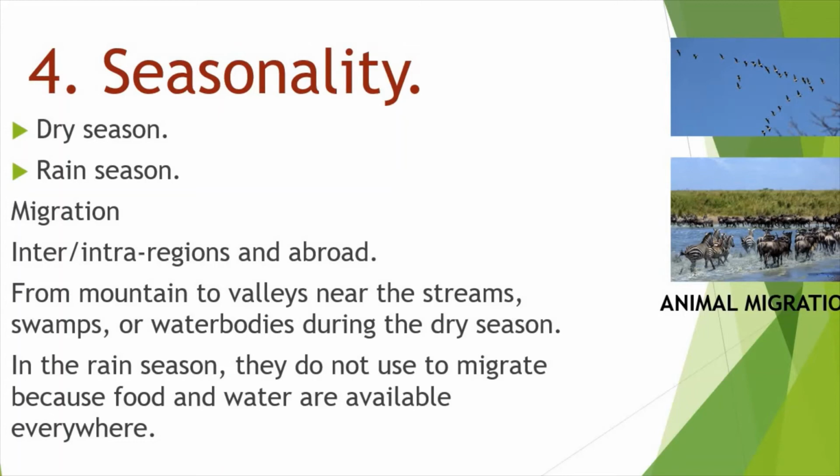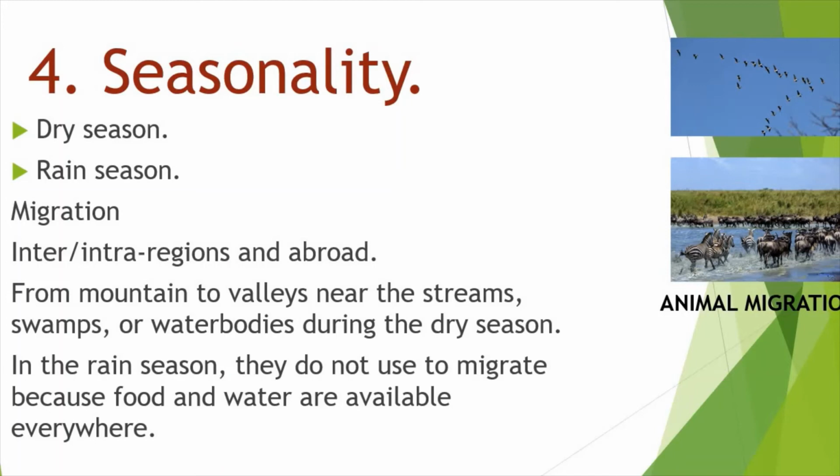Seasonality is the major cause of migration of any organism, either human being or an animal in the jungle. In general, migration is a movement of an organism from one place to another because of different reasons, either droughts, floods, or bushfire, and so on.